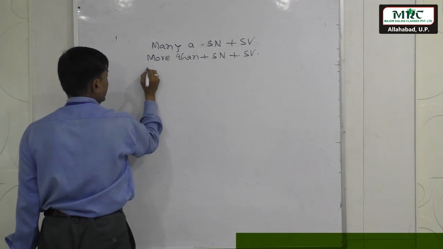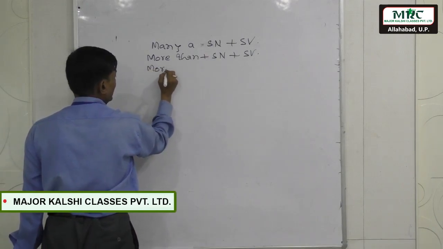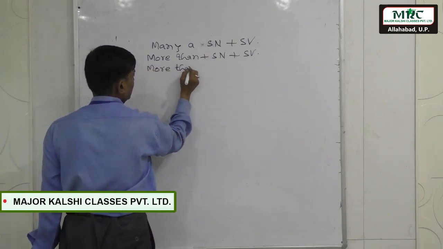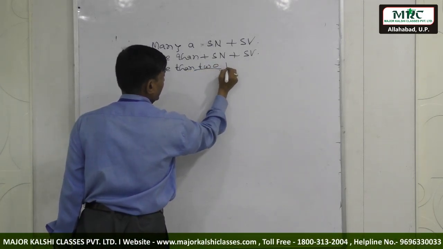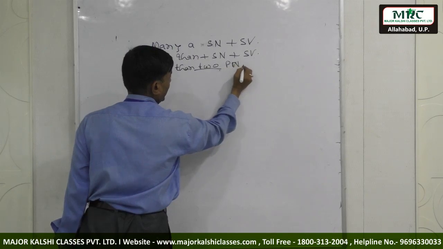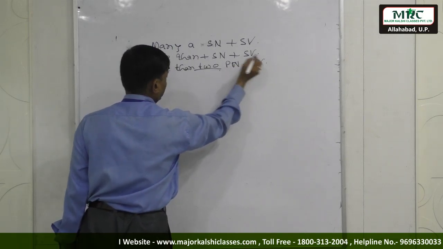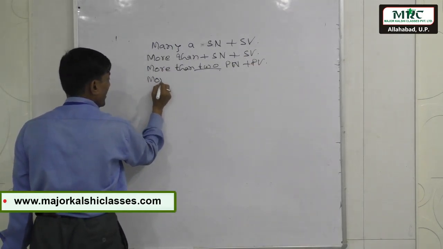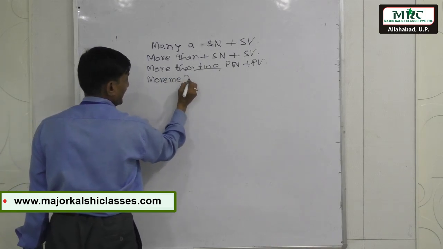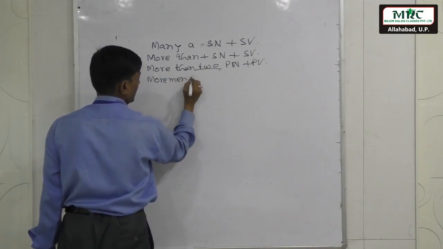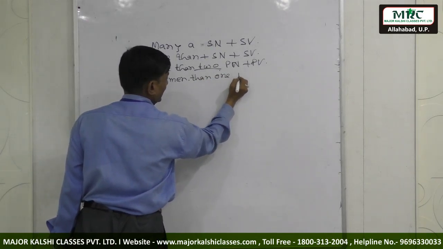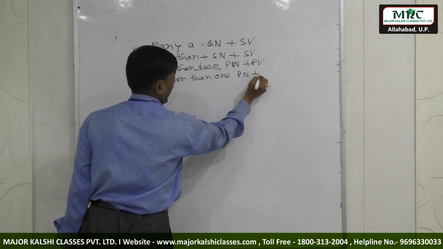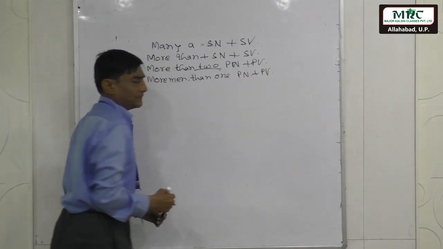But if we write more than 2, here the subject is 2, we use plural noun and plural verb. If we use more men than one, we use plural noun and plural verb.